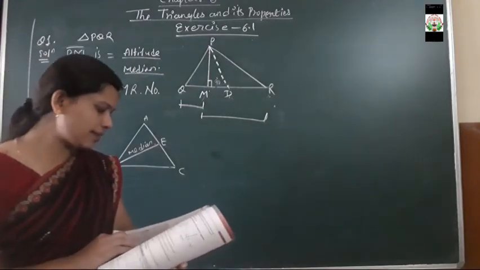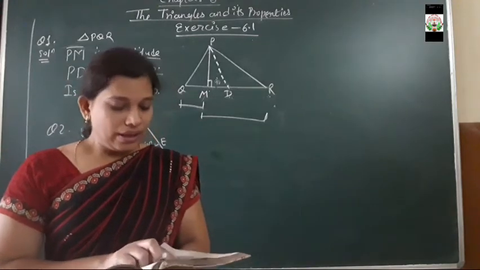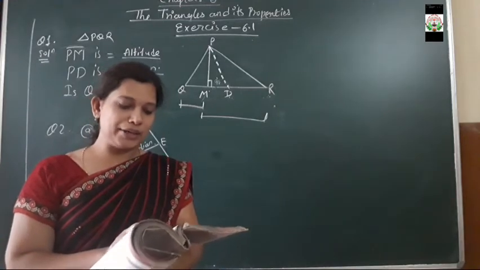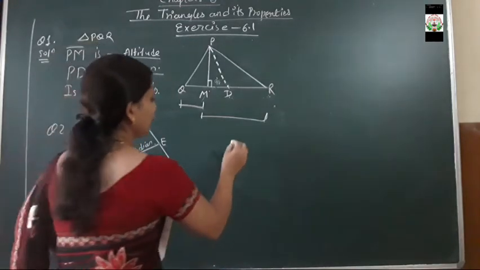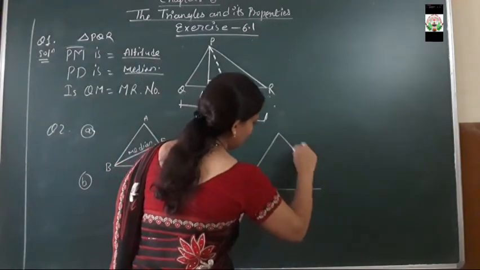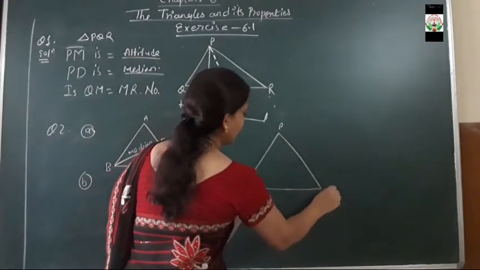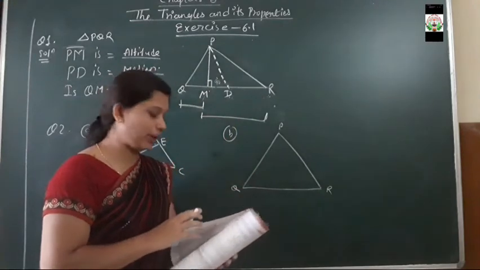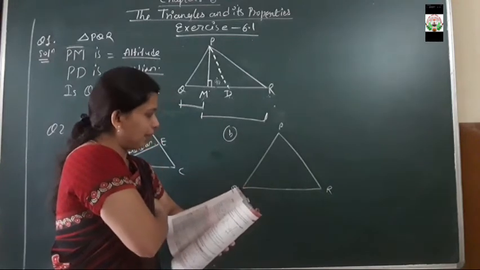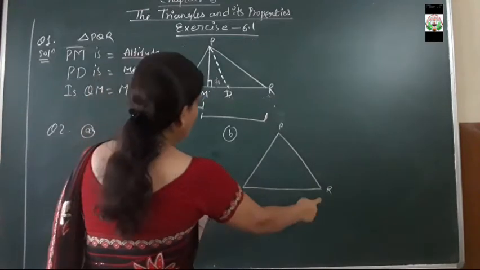Next we are having question number 2, the next part. In triangle PQR, PQ and PR are the altitudes of the triangle. So we are going to draw a triangle and give it the name PQR. In the question itself it is said that in triangle PQR you have to make PQ and PR as altitudes.